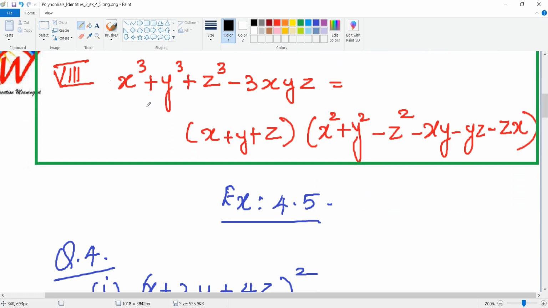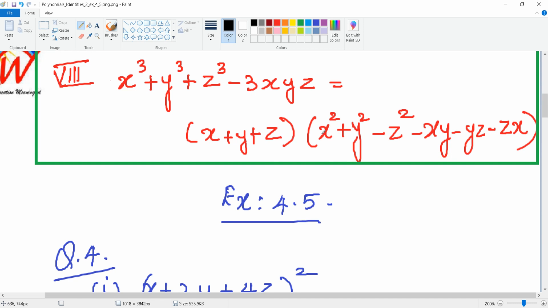Now the eighth identity is x cube plus y cube plus z cube minus 3xyz, okay? If you have such an expression, you can actually combine this as x plus y plus z, okay? So you write x, y and z all together with just a plus sign, no powers over here. When there is no power, it means that the power is 1, okay?